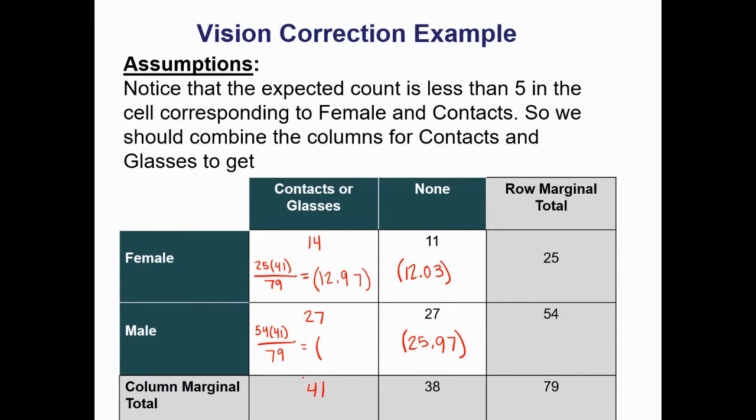So what would that expected count be? 28.03.